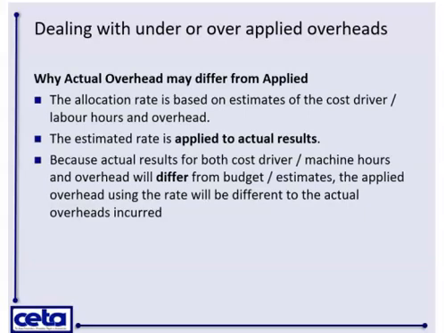Now, in calculating the predetermined rate, we estimated our overhead, and then we estimated our cost driver. We divided those two to get a rate. Using that rate, we calculated our overhead, and that overhead was used in the job cost card to identify exactly how much was the total cost.